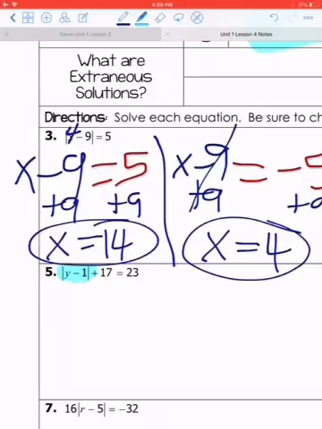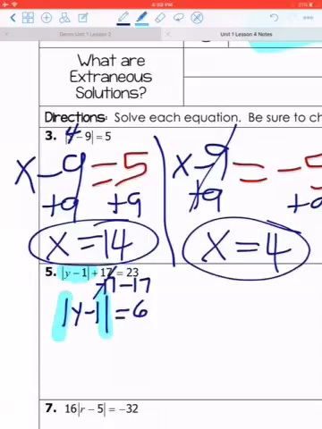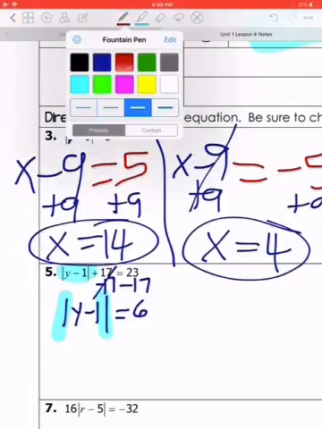That has to be alone before you can split up into the positive and negative. So let's subtract 17 from both sides. Okay, and 23 minus 17 is 6. Alright, and so now that the absolute value is by itself, you can split into positive 6 and negative 6.